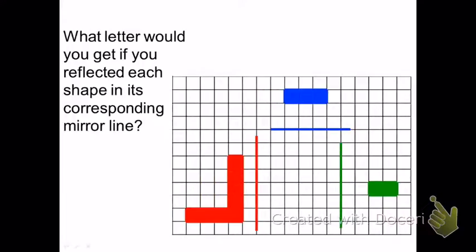All right, let's look at this one. Imagine in your mind where that would go, and pause this, maybe draw it out. Okay, let's see what we came up with. We're just counting 2 blocks to the blue mirror line, 2 blocks on the other side.